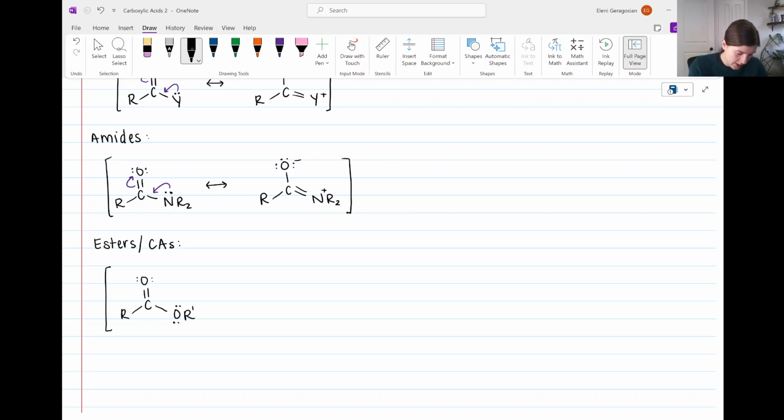But either way, this oxygen has 2 pairs of electrons. And so this oxygen can donate electrons towards the carbonyl carbon, and that pi bond breaks, just like the previous structures.